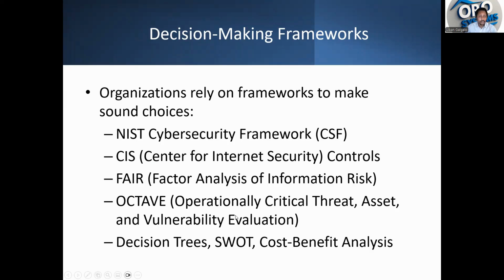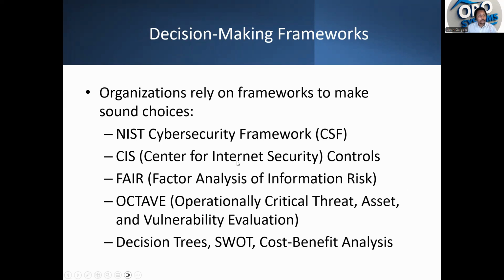All the other frameworks depend on what the company really wants. There's no way of saying this one is better than the other one. It depends on what the company really wants to secure or what their goal is.